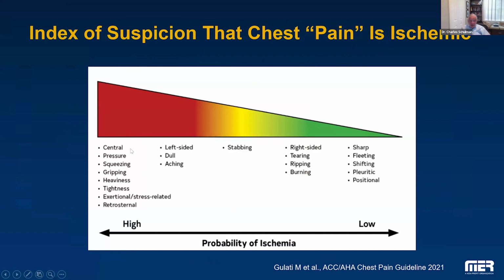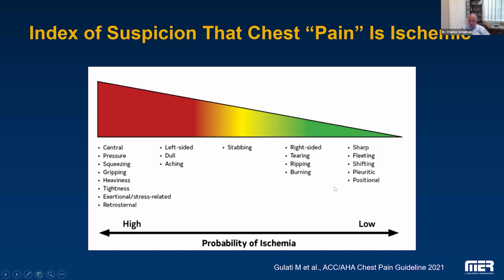The more likely it is, the more it's described as central or pressure or squeezing or gripping or heaviness or tightness, the likelihood is high. At the other end of the spectrum, tearing, ripping, sharp, fleeting, shifting, pleuritic, positional, stabbing.